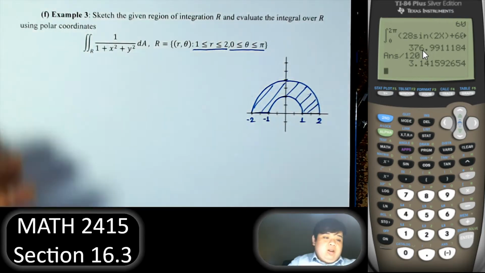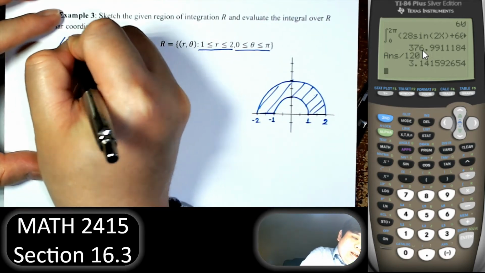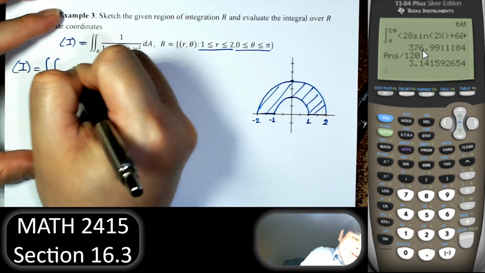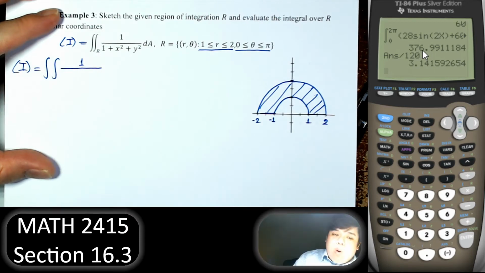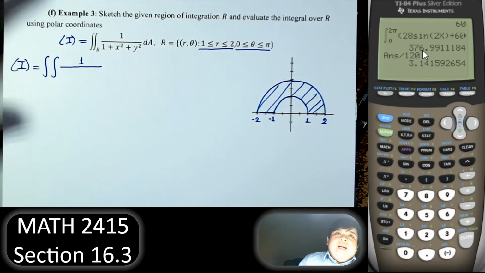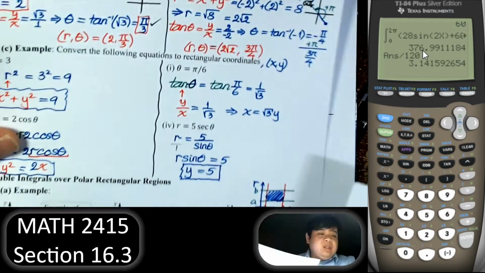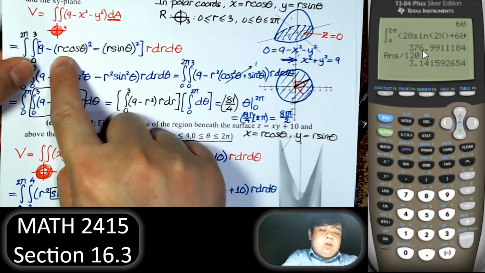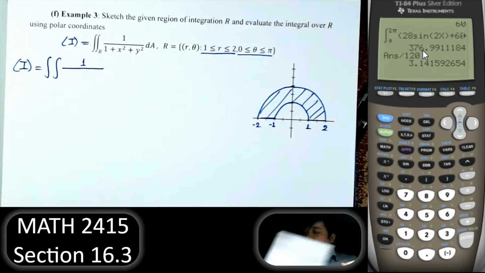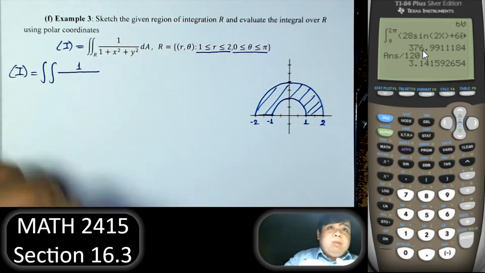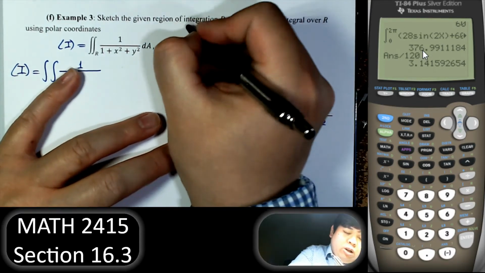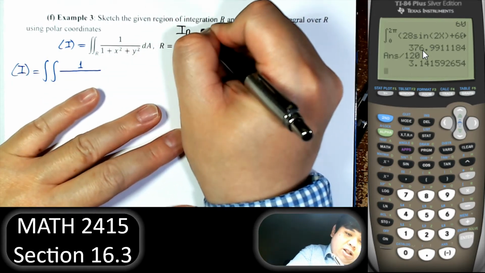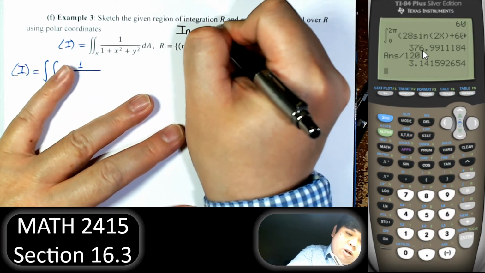Now we just need to rewrite the function. Let that integral be I. So in polar coordinates, x squared plus y squared is r squared. We could substitute back like we did here, x is r cosine, y is r sine, and then simplify. But in polar coordinates, just make x squared plus y squared equal to r squared. No need to do substitution for r cosine, r sine.